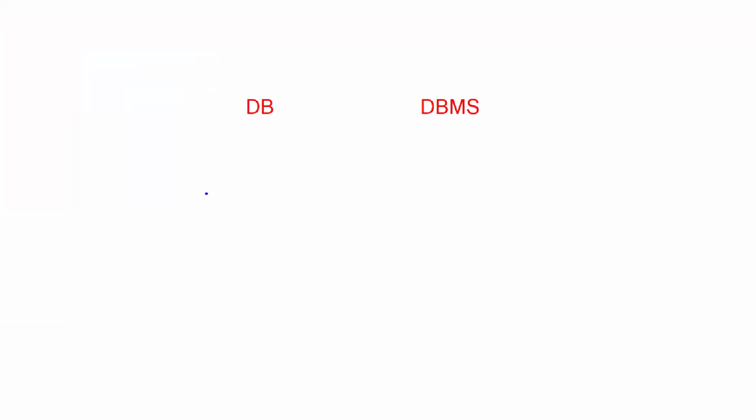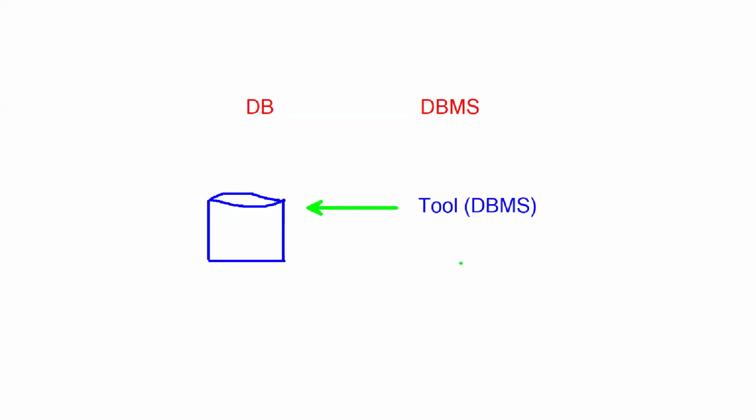A database is a place where you can store our data. Yes or no? And if you want to manage this database, we need a tool, right? A tool called DBMS, Database Management System. With this tool, we can manage our database.